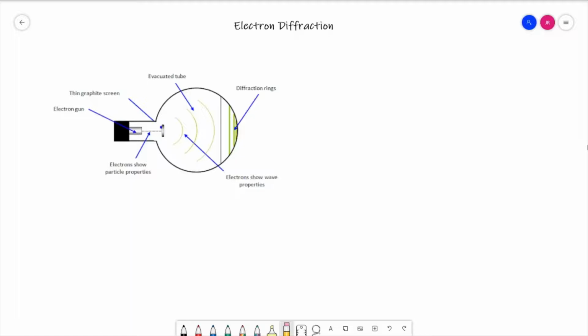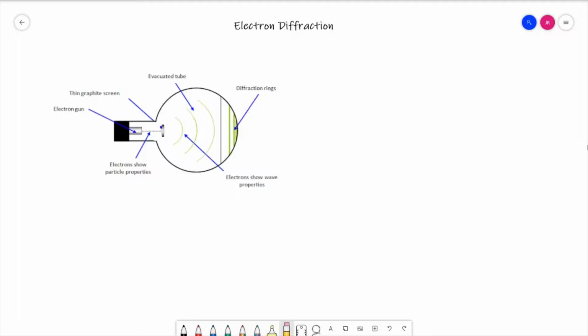Now, just to give you the historical context here, Rutherford's experiment was at the turn of the 20th century. The idea about wave-particle duality from de Broglie didn't really come about until the early 1920s. So Rutherford had no chance of using and no knowledge of electron diffraction in order to try to measure nuclear radius.